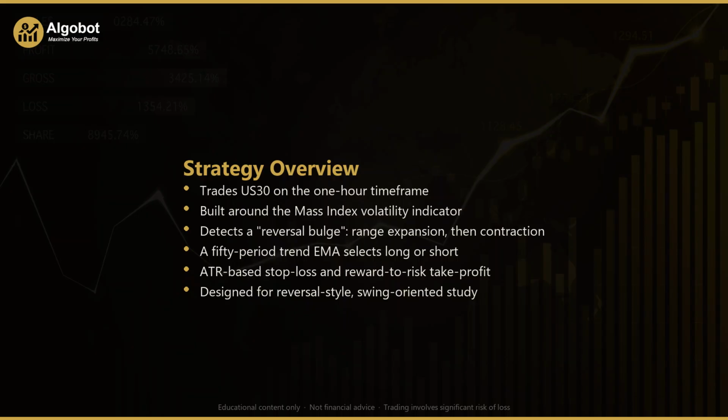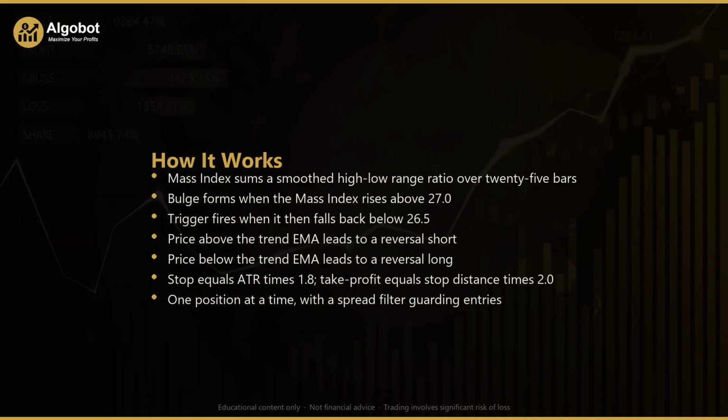For risk control, the strategy uses the average true range, or ATR, to size its stop loss, and it sets the take profit as a multiple of that stop distance using a reward-to-risk ratio. This kind of approach is generally of interest to traders who study reversal setups and prefer a rules-based, mechanical framework rather than discretionary decisions. As always, trading involves risk, losses do happen, and nothing here is a promise of any particular outcome. Now let's walk through the exact logic step by step.